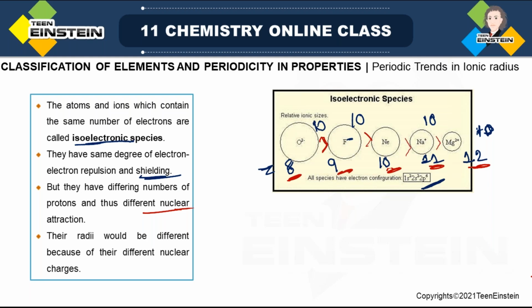Now why is it so? Because under the same conditions, when they have the same number of electrons, because of the nuclear charge, the maximum nuclear charge you can expect is for Mg2 plus. So obviously its size will be minimum. Similarly, vice versa, for oxygen the Z value is minimum here, so its size will be maximum. Okay, so in this way you can find their order, that is the ionic radius order.